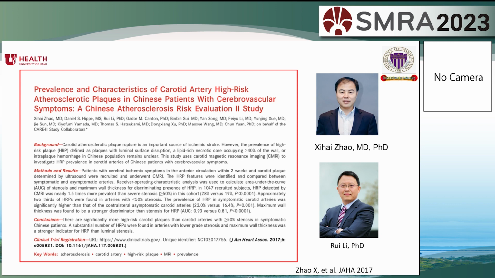This is a study done by the two PIs, Xihai Zhao and Rui Li from Tsinghua, looking at a Chinese population: if they all had stroke, how many of them actually have carotid lesions?